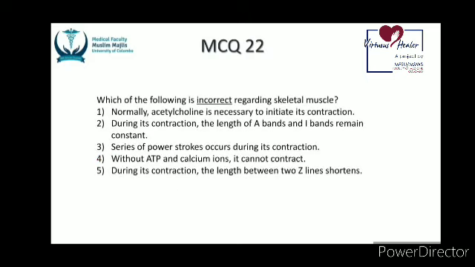Question number 22. Which of the following is incorrect regarding skeletal muscle? Number 1. Normally, acetylcholine is necessary to initiate its contraction. The statement is true.